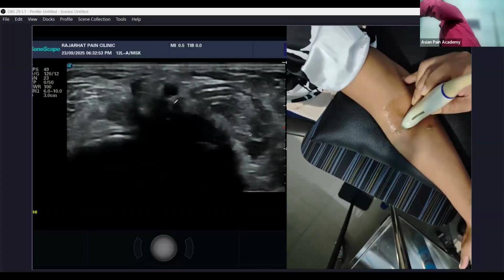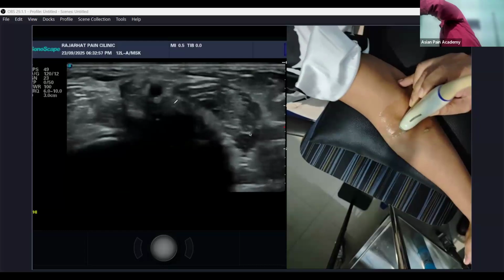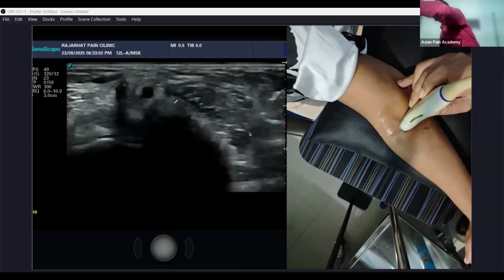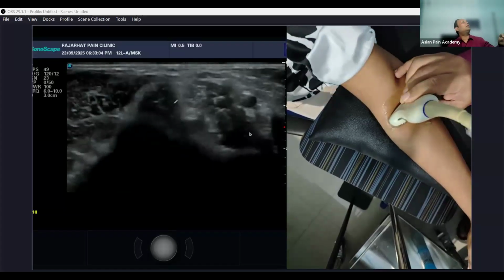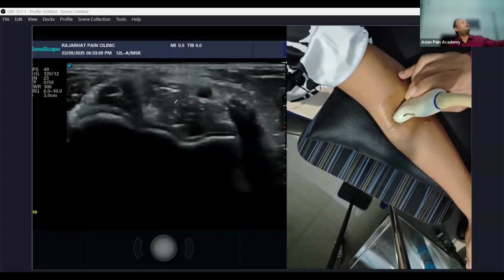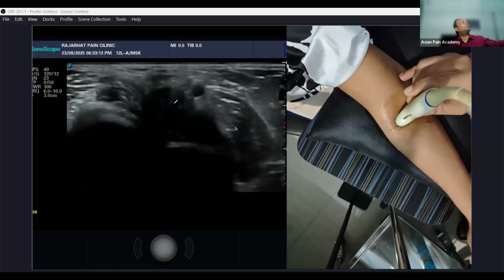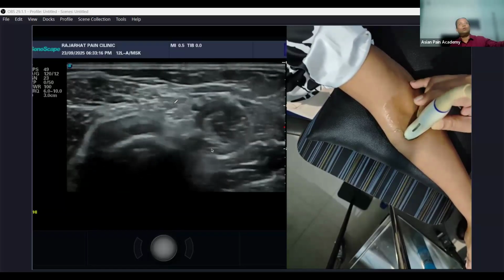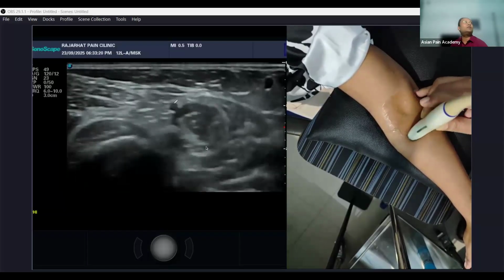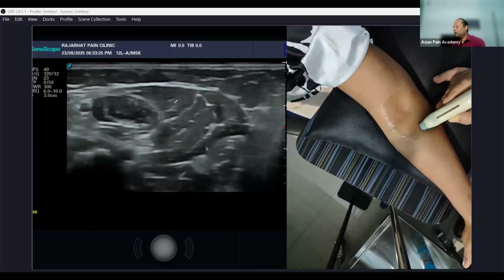Just a minute. So this is the pronator teres, this muscle. You can understand that between this is brachialis and this is the pronator teres muscle. So I am going a bit down now, distally. When I am seeing the pronator teres, what other muscles should come here?